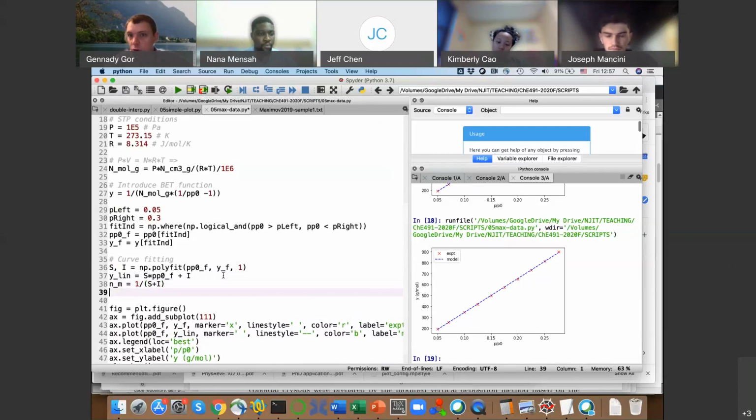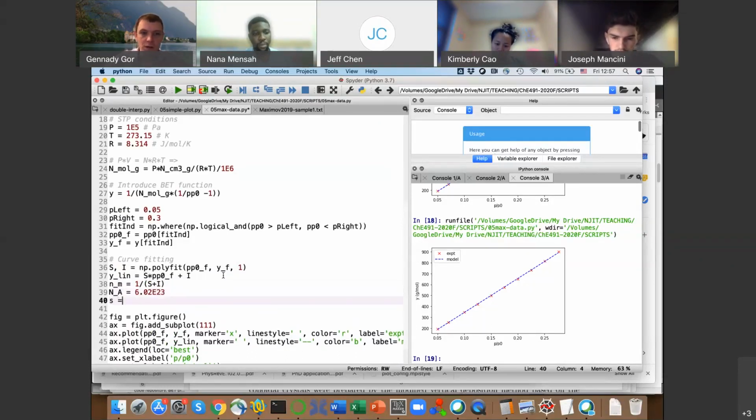BET constant is important to quantify the strengths of interactions, but not the surface area. So for the surface area, all I need is to introduce the Avogadro's number. And I need to introduce this number as sigma, which is the area of one molecule, right? So this will be 0.162 e to the power minus 18, minus 18, because that was nanometer squared, right?